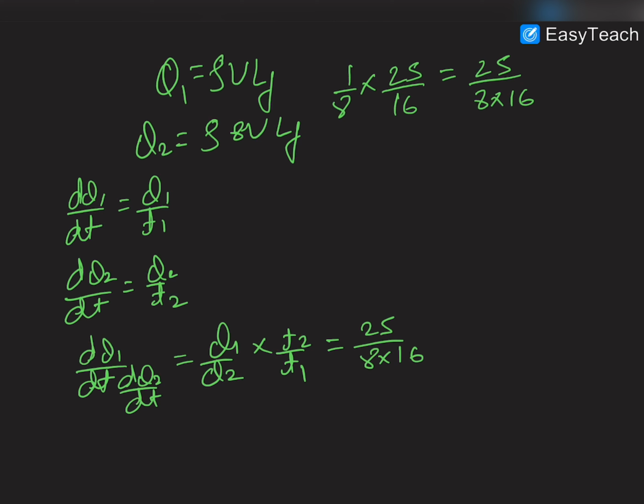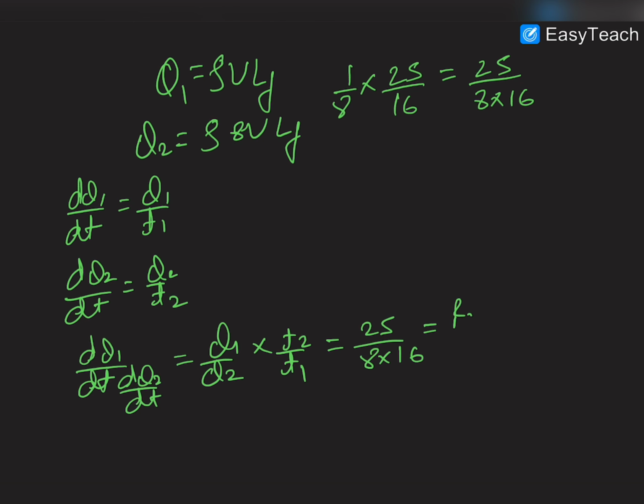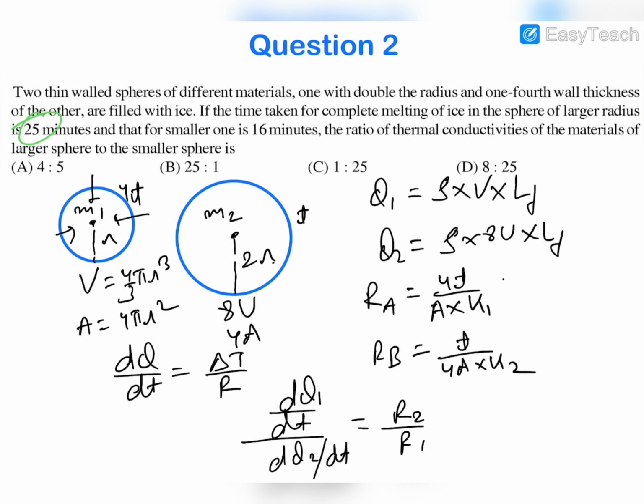Now you can see that this dq1 by dt is inversely proportional to the radius. So this ratio is r2 by r1, and we have already calculated r2 by r1. So rb by ra will be equal to k1 upon 16 k2. You can check that.